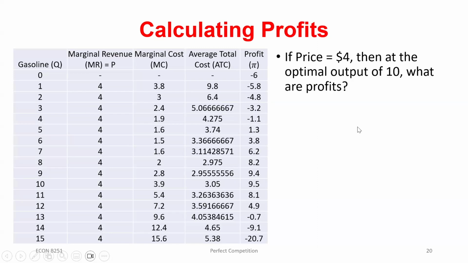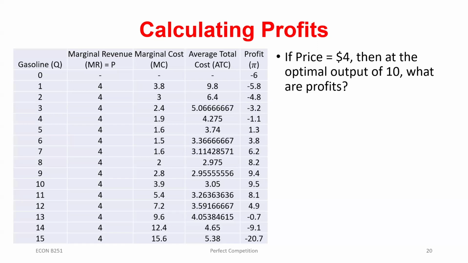If I'm looking at where marginal revenue is greater than or equal to marginal cost, the last unit we said earlier was 10. So if I want to calculate profits here, I've got the price and my average total cost, and the difference between those represents my per unit profits. 4 minus 3.05 is 0.95. I multiply that by the number of units I'm selling, 10, and my profits are 9.5, which is exactly what we found earlier using total revenues minus total costs.